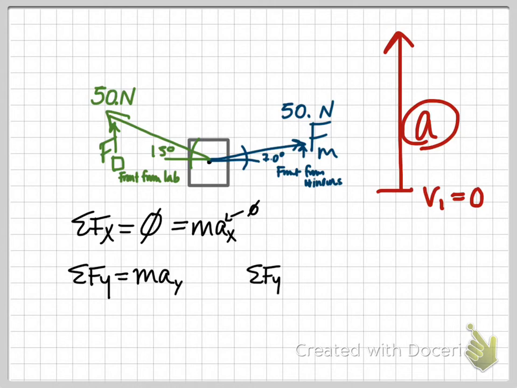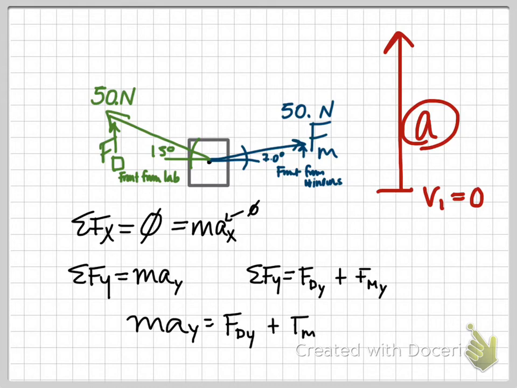Is the sum of forces on the y-axis also equal to the force of Duncan on the y? And they're in the same direction, plus the force of Morgan on the y? Yeah. So guess what? This is so cool. We can say that the mass times the acceleration on the y is equal to the force of Duncan on the y plus the force of Morgan on the y.